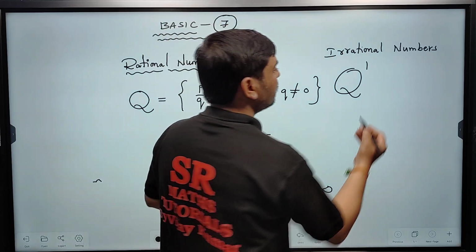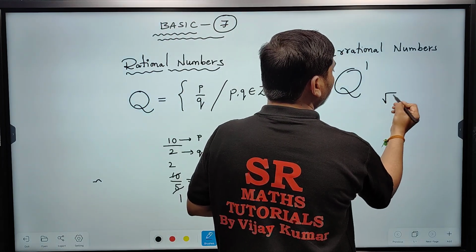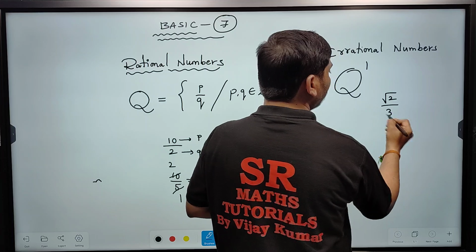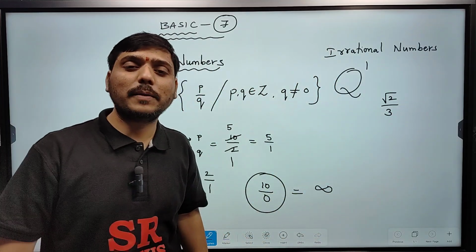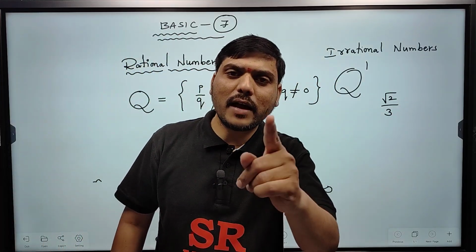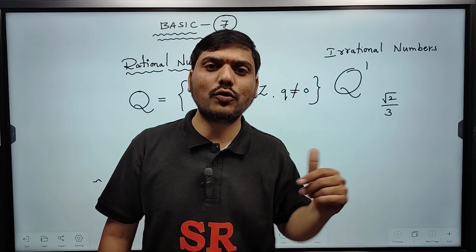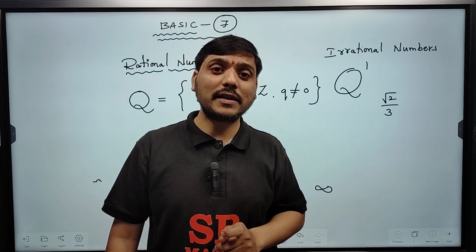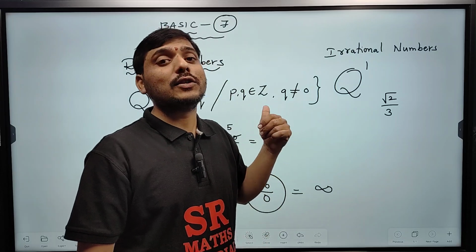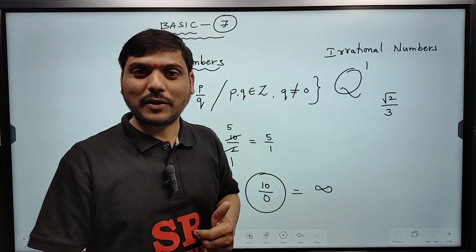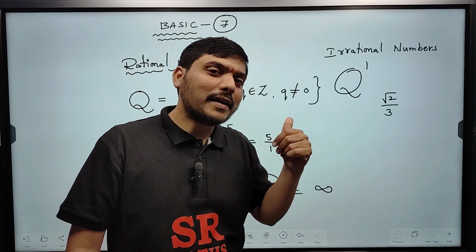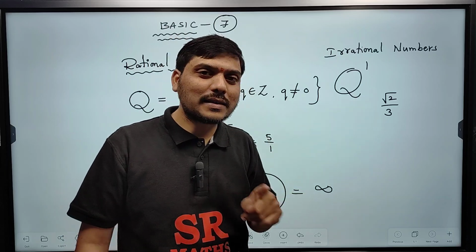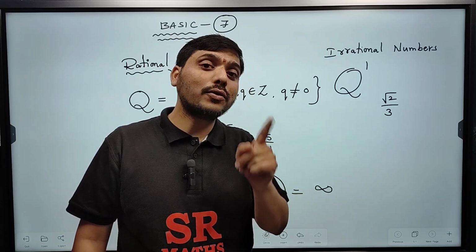Example: root 2 by 3 is an irrational number. Here the Q value is 3, and 2 comma 3 belong to the integers, but the numerator, the upper value, is not 2, it is root 2.